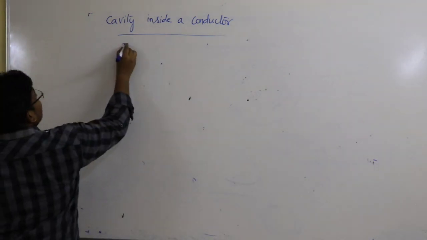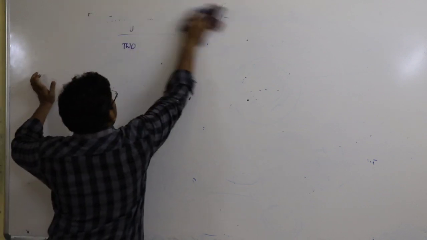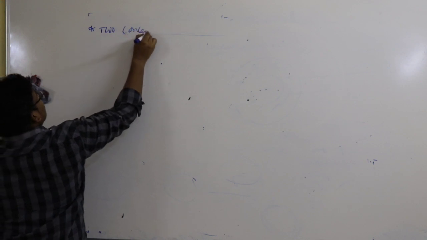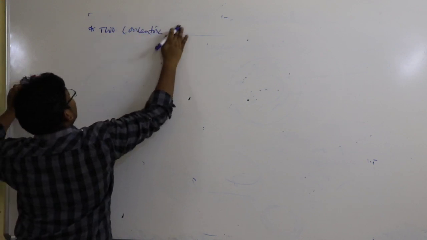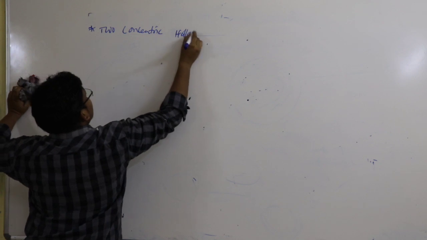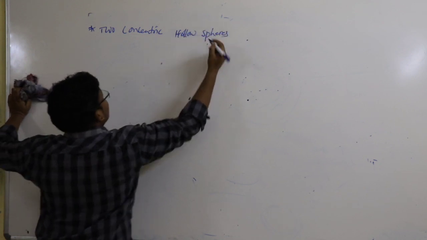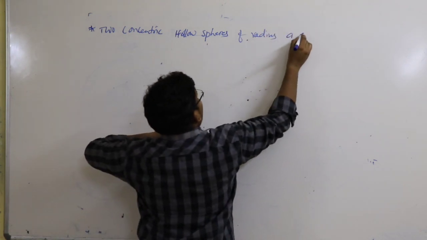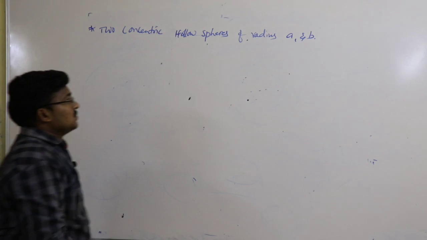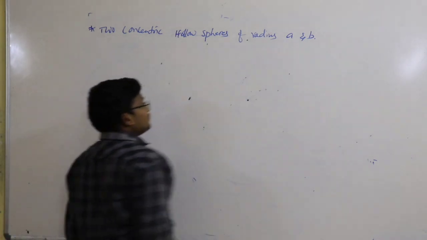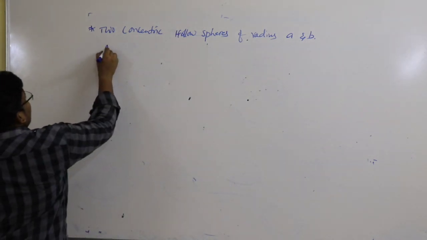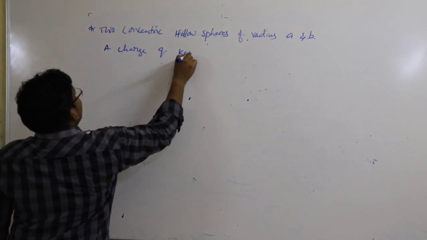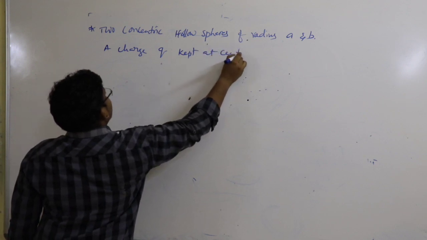There are two concentric hollow spheres of radius A and B. A charge small q is kept at the center.